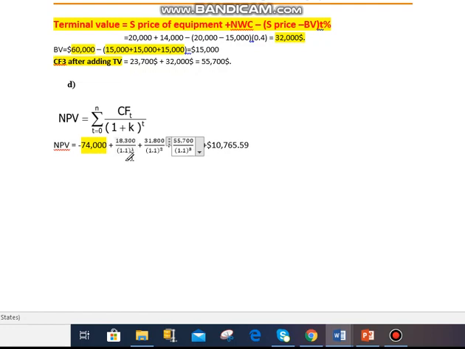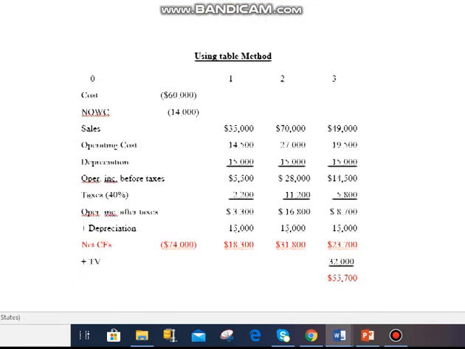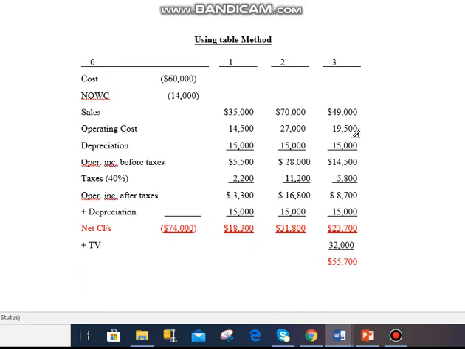Each cash flow should be discounted at 1 plus the weighted average cost of capital to the power T, or to the power of the year it corresponds to. So we have the net present value equal to 10,765.5.